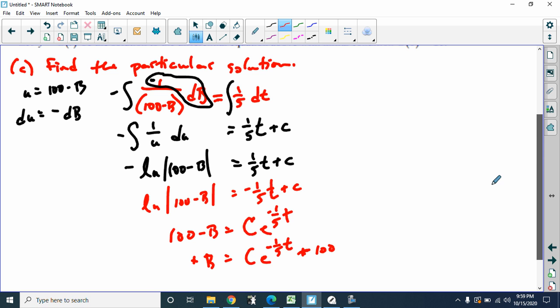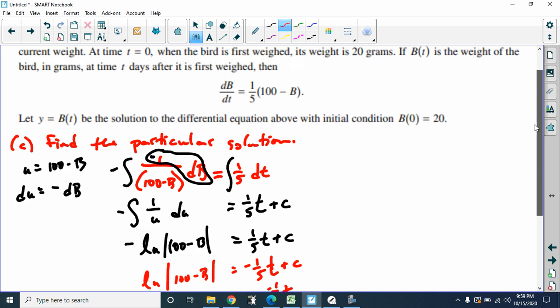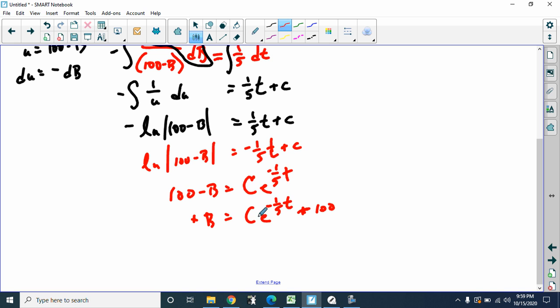It's going to change it to plus 100. And then we can plug in our point. (0, 20). 0, that'd be e to the 0, which is 1. So B equals -80 e to the -1/5 t plus 100.